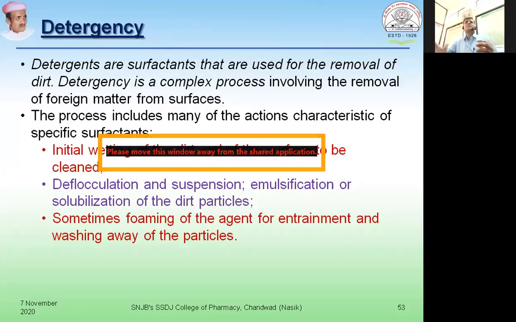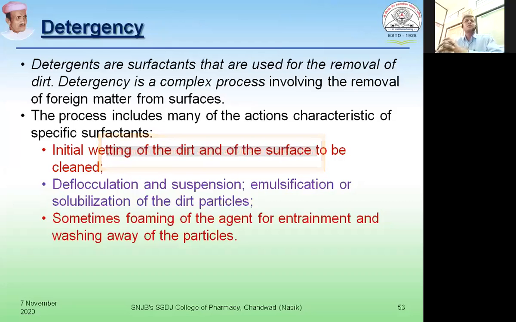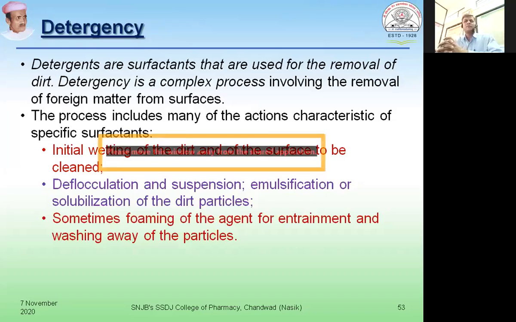Here, sometimes it may happen that when we go for foaming, all these materials which are surfactant or detergents in nature have the ability of foaming. This foaming leads to entrainment or entrapment of these dirt particles, which helps in washing away of these materials from the surface of the cloth or the material.